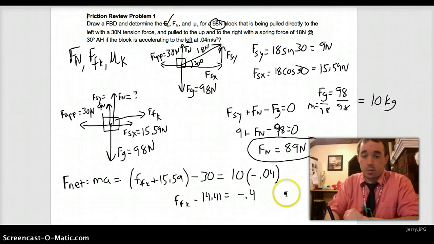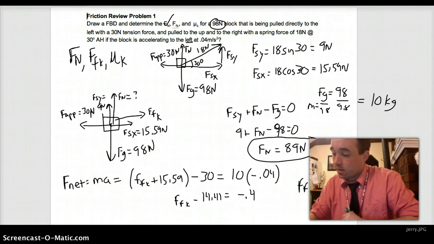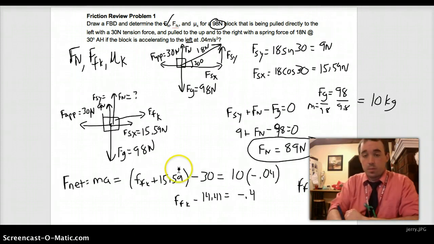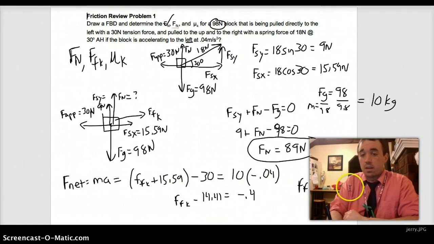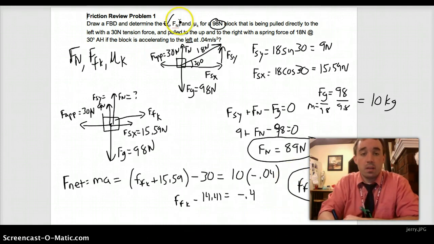Add the 14.41, I get an FFK of 14.81. Comes out positive because it's going to the right. And there's our FFK.